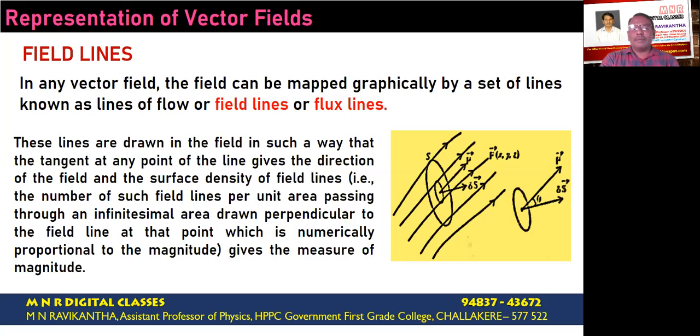That is not exactly the magnitude; it is proportional to the number of field lines, which are drawn in such a way that the number of field lines passing through this unit area is proportional to the magnitude. Suppose if 4 lines are passing through this surface, then the field strength is more. If only 2 lines are passing through this surface, then the field strength is considered to be less. The number of lines passing through this unit area gives an idea of the strength of the field at that particular point.